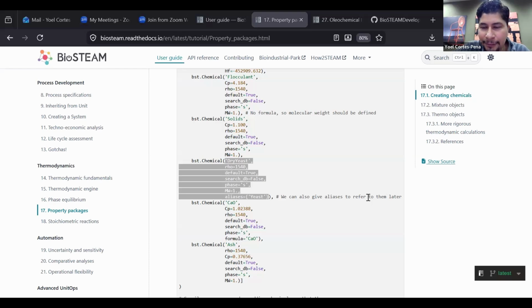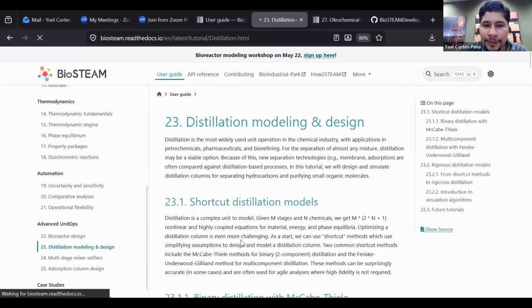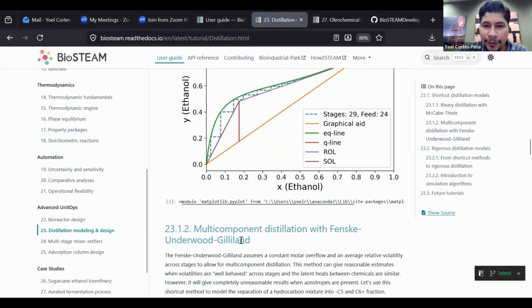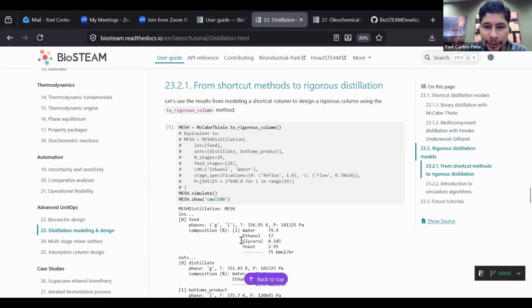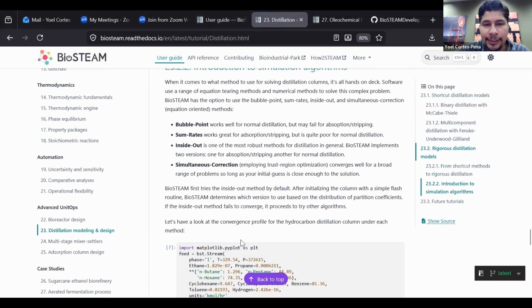The distillation methods that we have in BioSTEAM are super rigorous as well. It's not just shortcut columns that make assumptions on your optimal design, but rather you can specify the stages, reflux, feed stage, and many other variables for the distillation column, and it'll solve all the thousands of equations and variables rigorously.